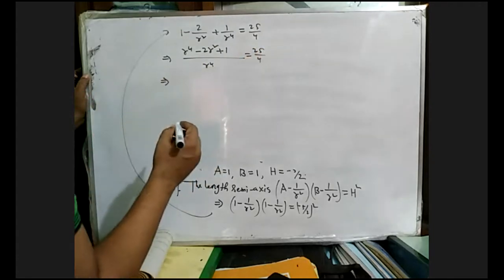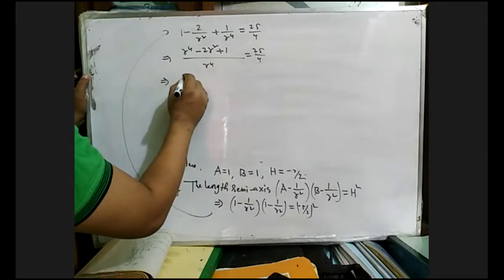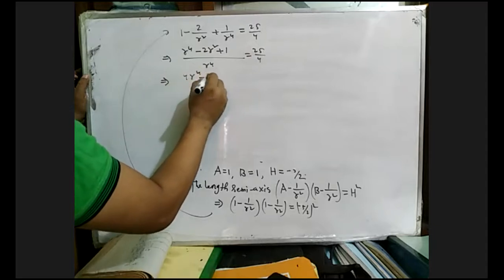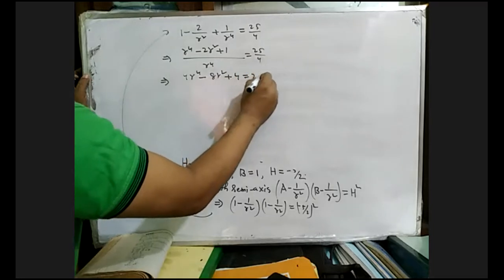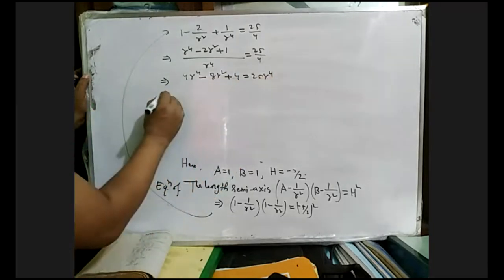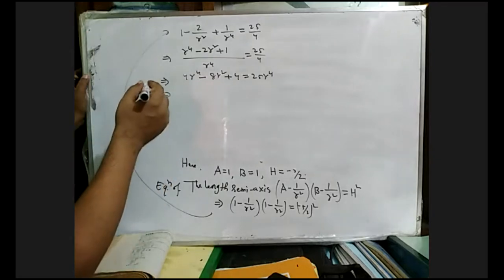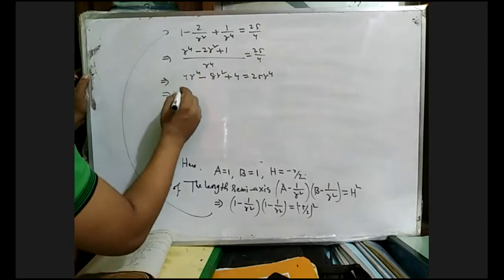By cross multiplication we get 4 r to the power 4 minus 8 r square plus 4 equals 25 r to the power 4. So we get an equation of fourth degree where the variable is r.